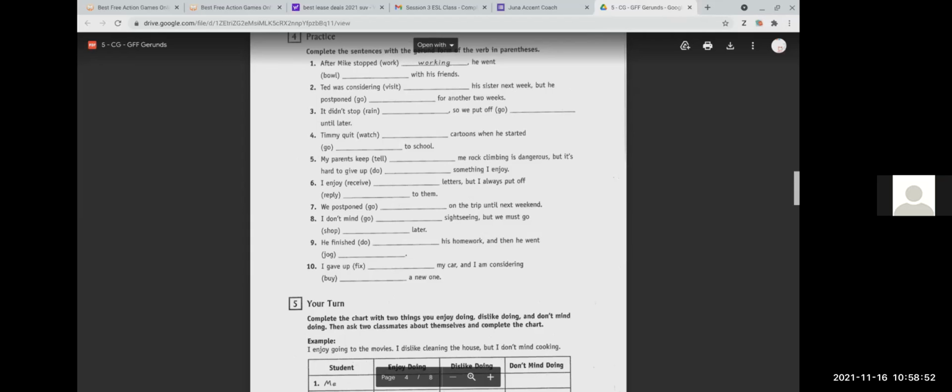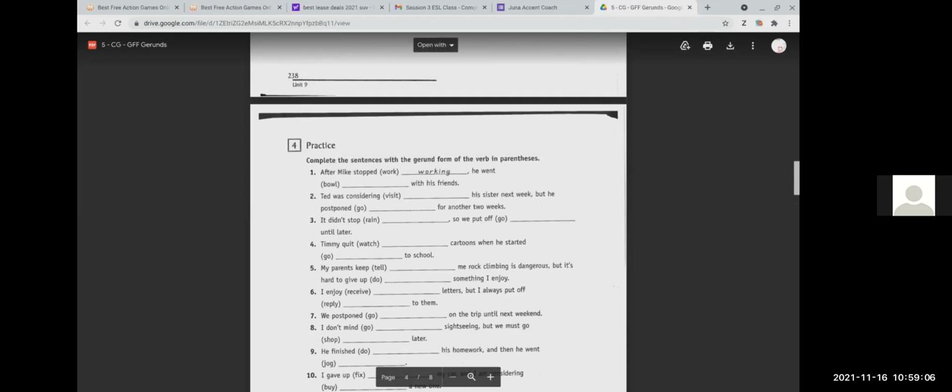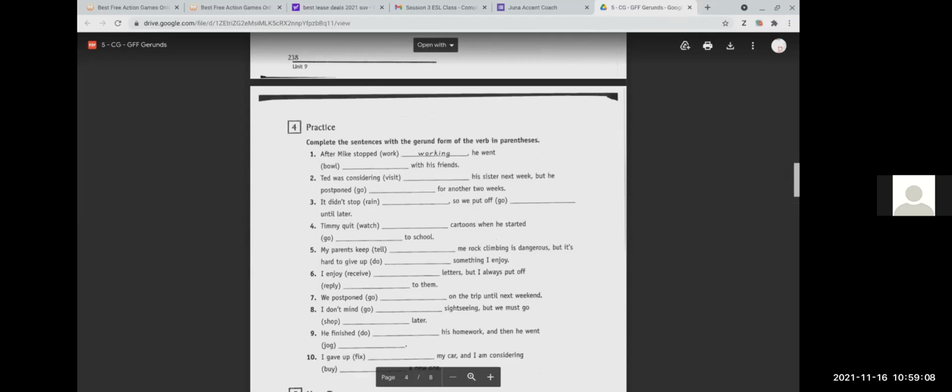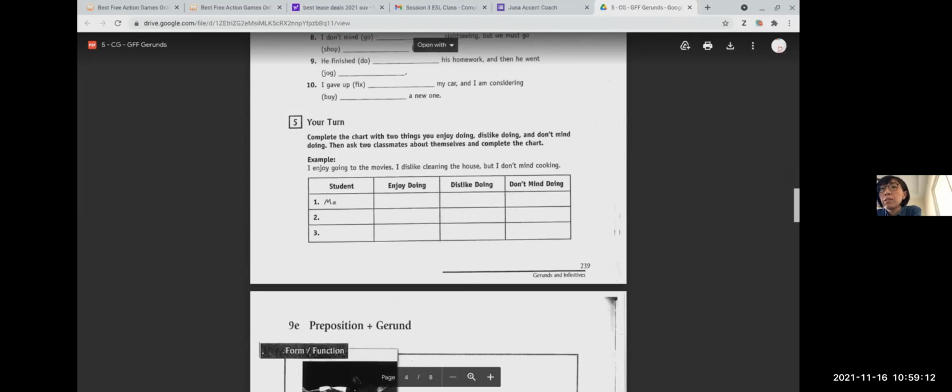That's one only, right? Okay, scroll up, please. The next exercise. Number 5.